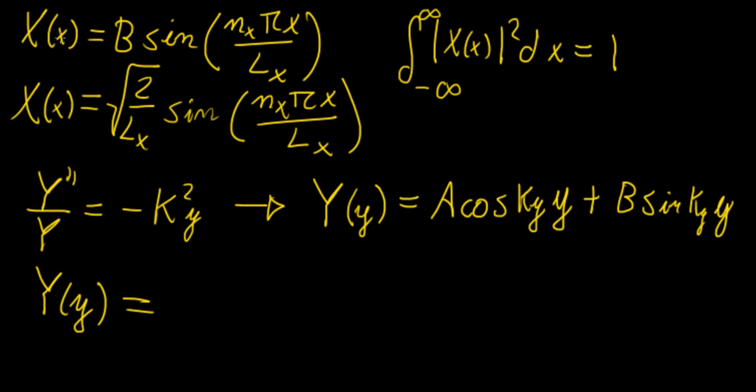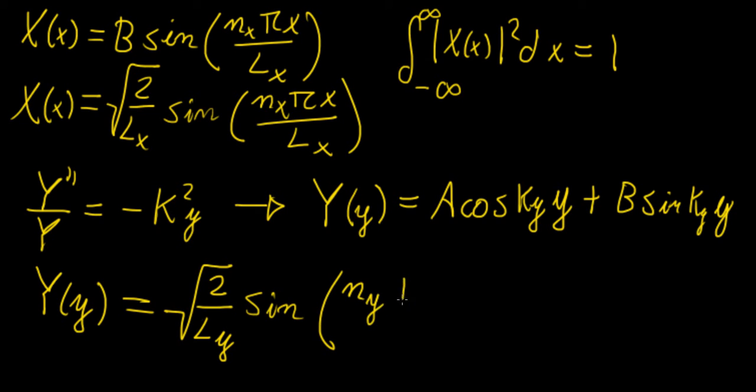Hopefully it isn't too hard to see the connection between these two: the functions should be exactly the same, except that the Lx and nx terms are going to be different. Obviously the variables, so we're going to have 2 over Ly, and you can show this yourself by going through the entire procedure of finding the normalization constant. That's an exercise for you to do. And we have ny pi y over Ly. So that's going to be our solution there.